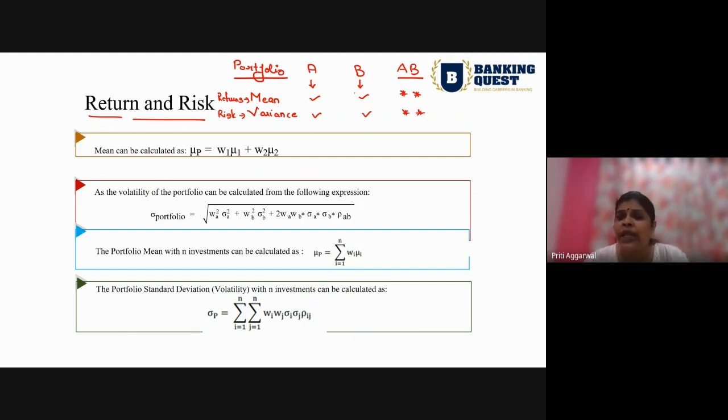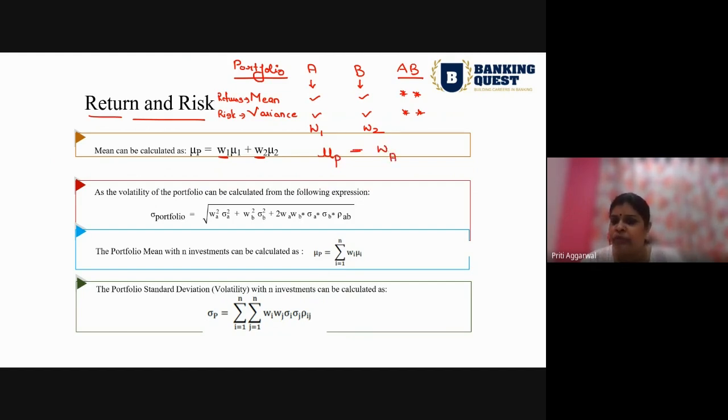In order to calculate the returns of a portfolio, the simple formula given to me is I will have to use the weights, right? How much money I'm going to put in A, how much will be the weight of B in my portfolio? Let's say it is W1 and W2. Then the formula goes as, if I have to determine the returns of my entire portfolio, I will take into account the weight given of A security.